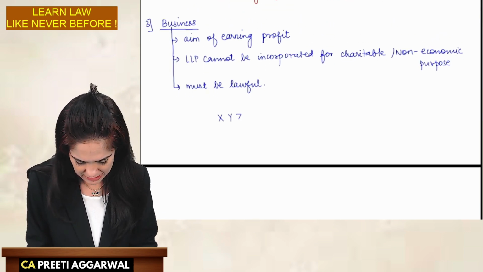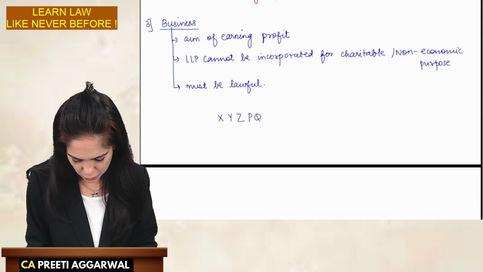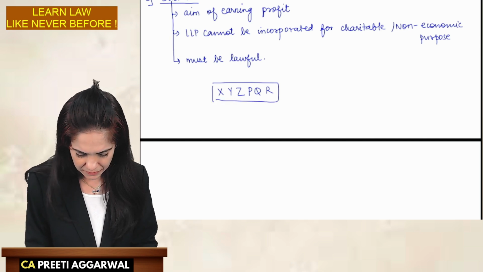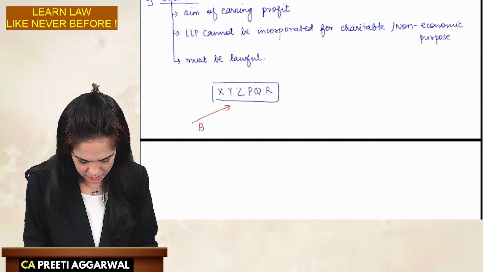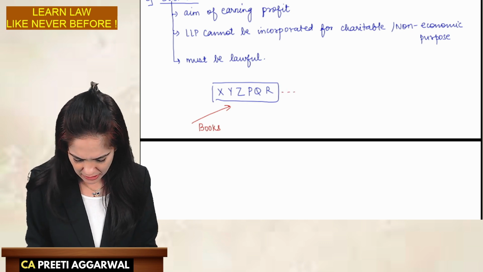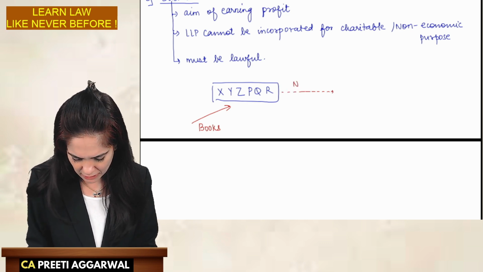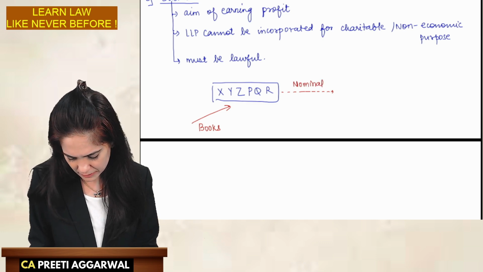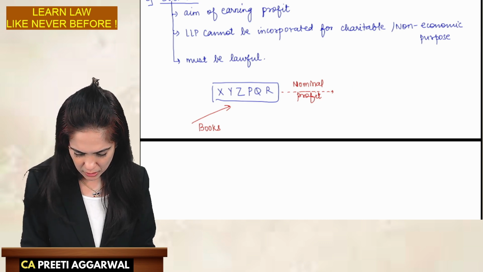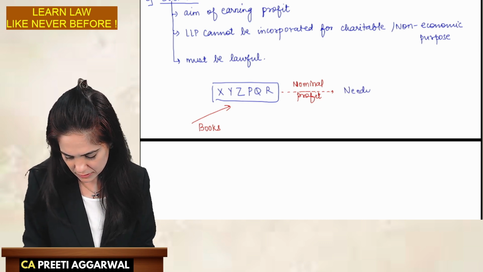X, Y, Z, P, Q, R have started an activity of buying second-hand books, and then they are giving it at a very nominal profit to the underprivileged people or needy students.